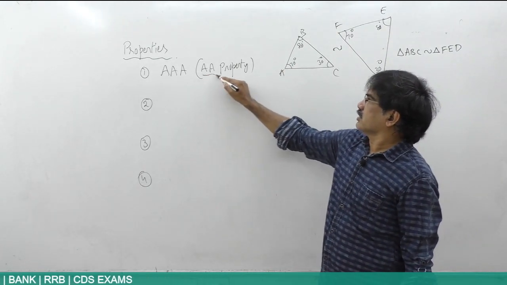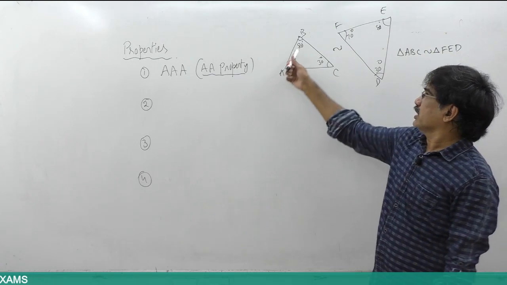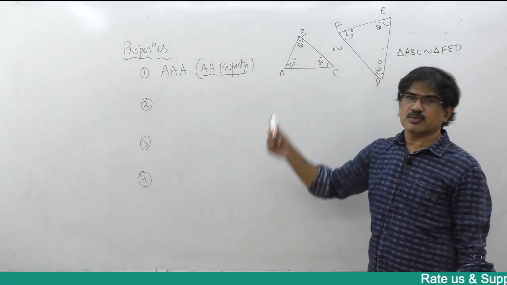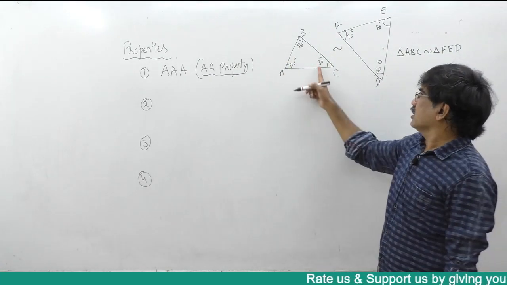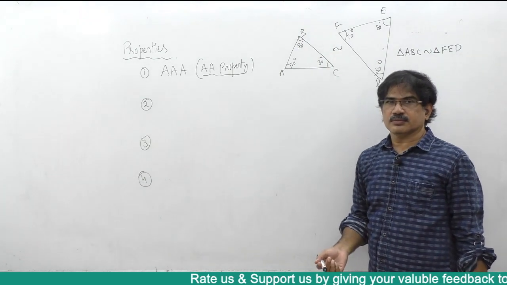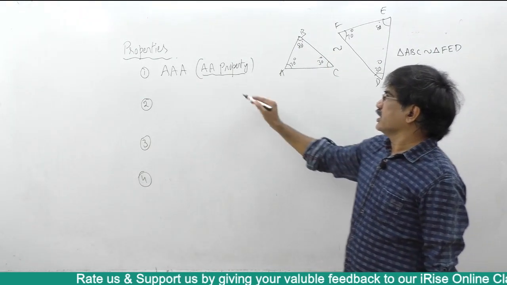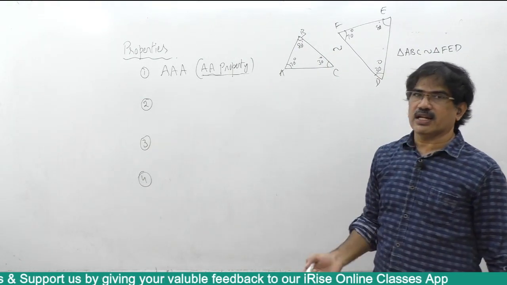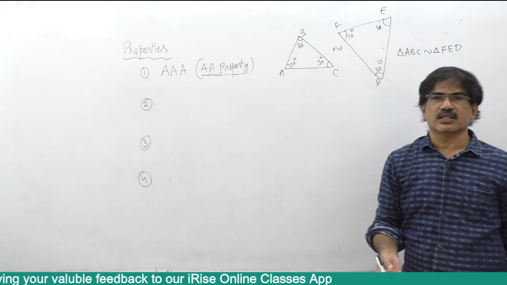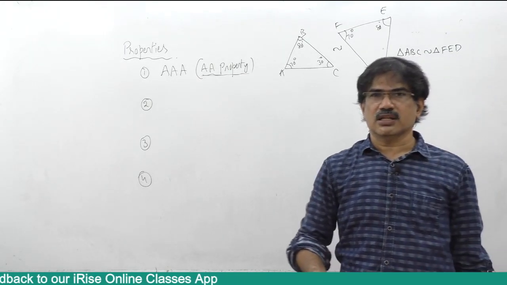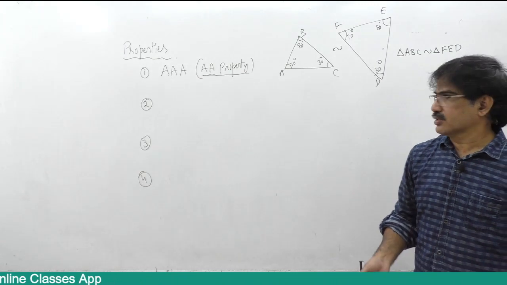Actually, this is the AA property: if 2 angles are the same correspondingly, then automatically the third angle is equal. So if 2 angles of one triangle equal 2 angles of the other triangle, we say that the two triangles are similar triangles.